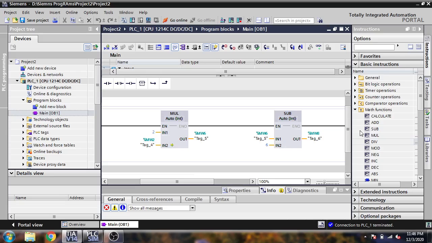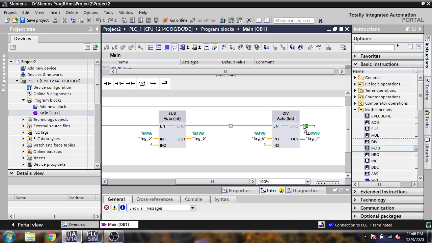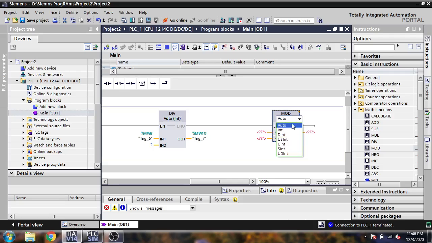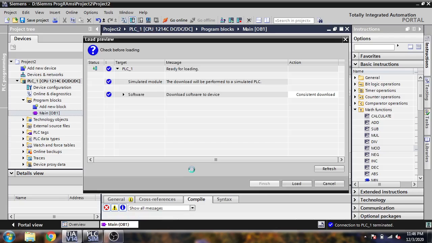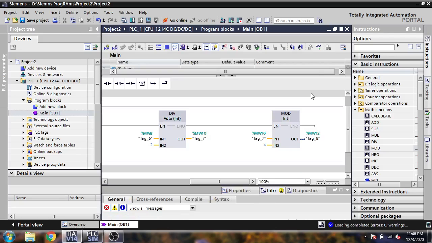Now I think I will try to use a mod. Mod is another one. It will take MW10, and I am using MW12. I am again compiling it, downloading it into my PLC, and going online.